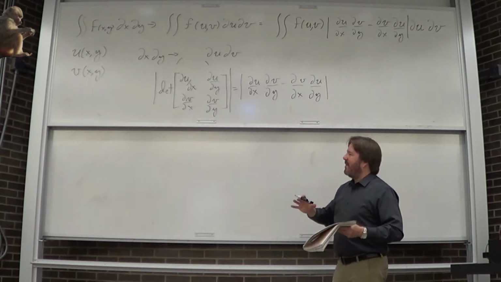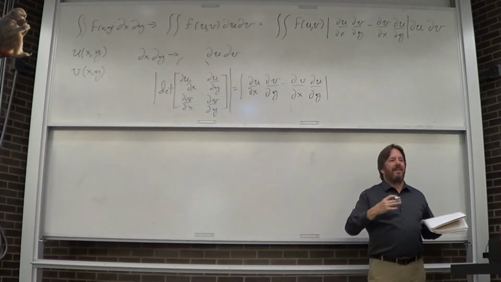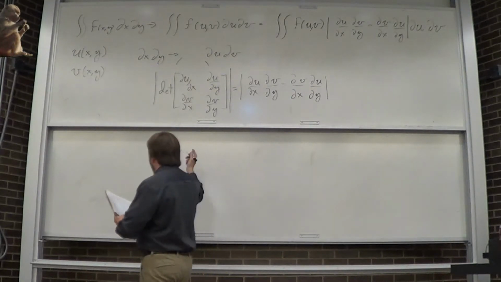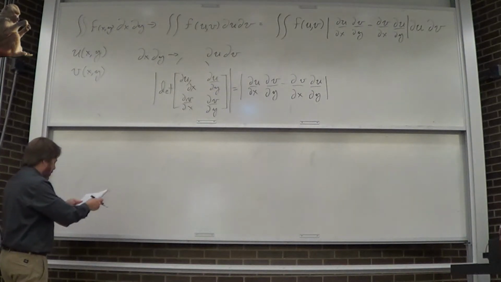And again, what I want to point out is that these are geometry factors that turn distorted squares back to normal.